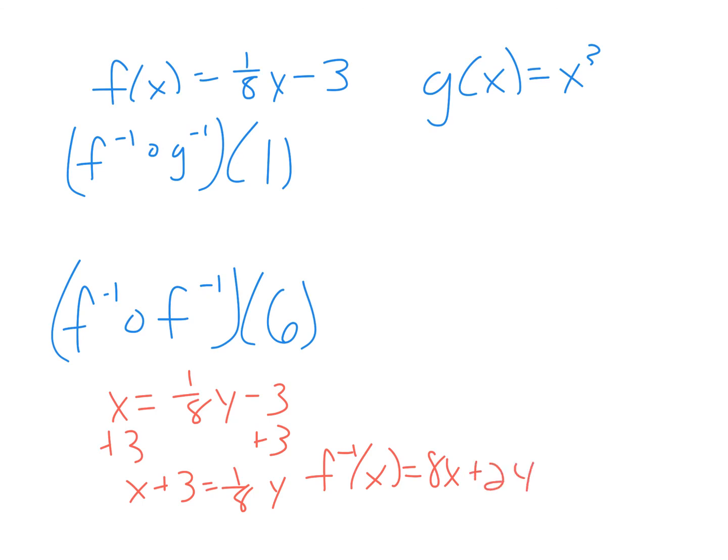Now g of x's turn. I'll use a different color. Let's use green. x equals y cubed. Cube root: y is equal to the cube root of x. Now find f inverse of g inverse of 1. So work right to left when doing composite functions, okay? Right to left. So I'm putting 1 into the g inverse of x, which I did not properly label.